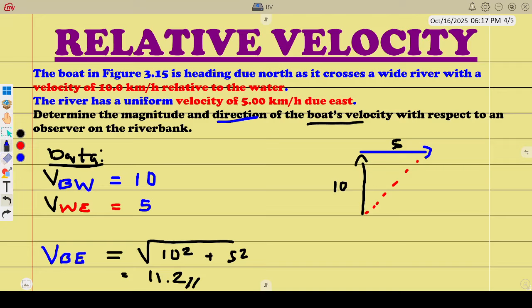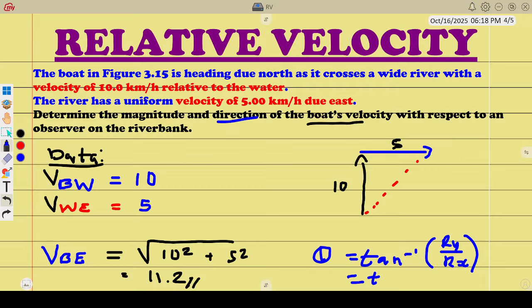So, under vectors, we learned that direction is usually an angle. Theta is equal to tan inverse of the y component over the x component. So this is the formula for the direction.